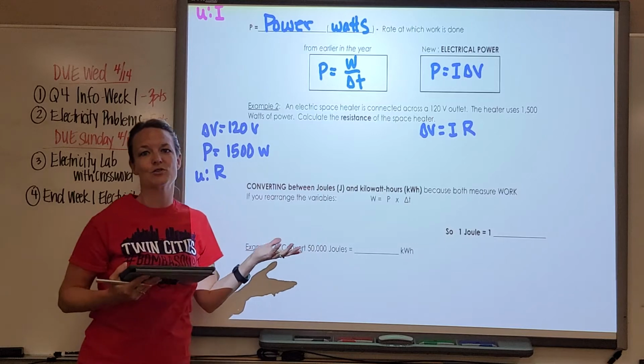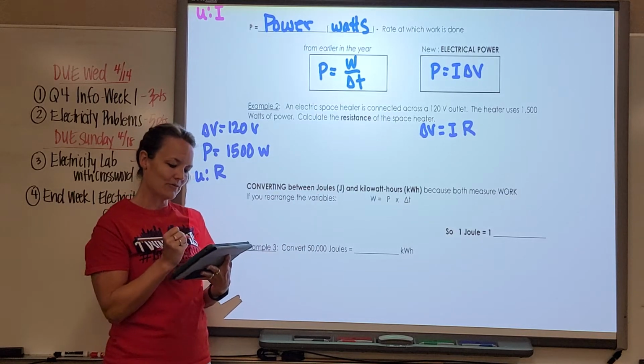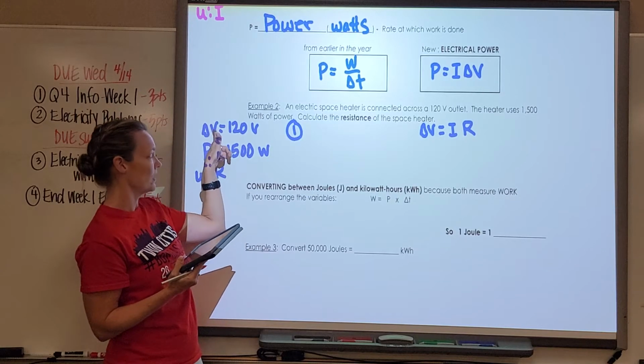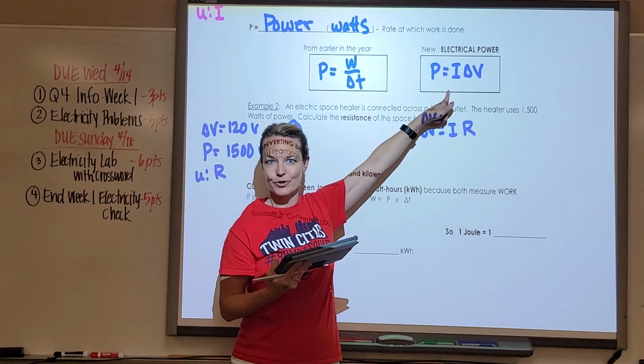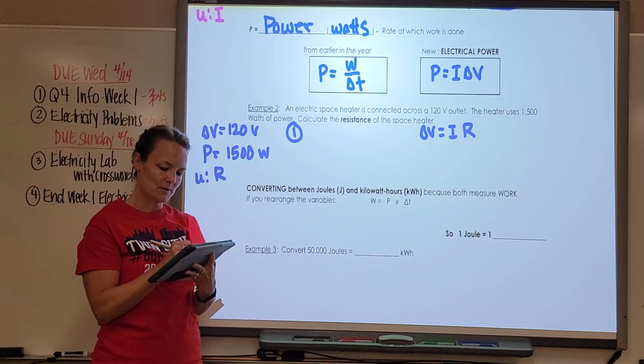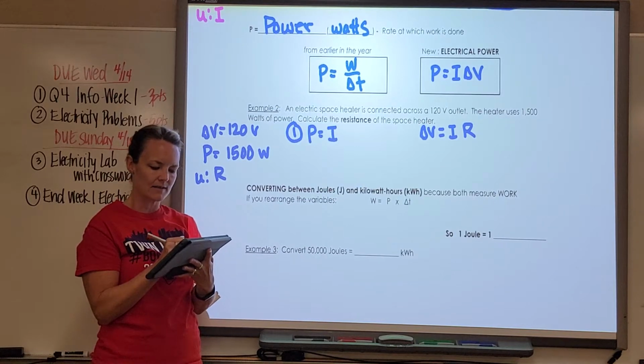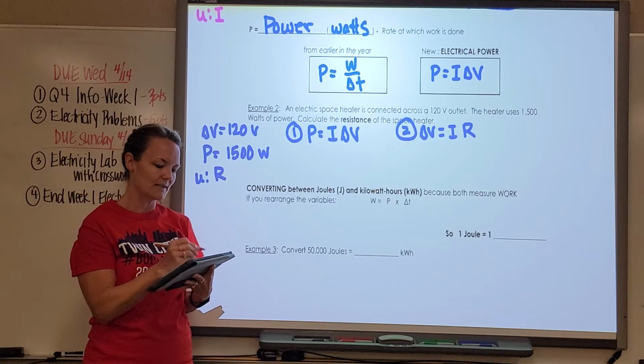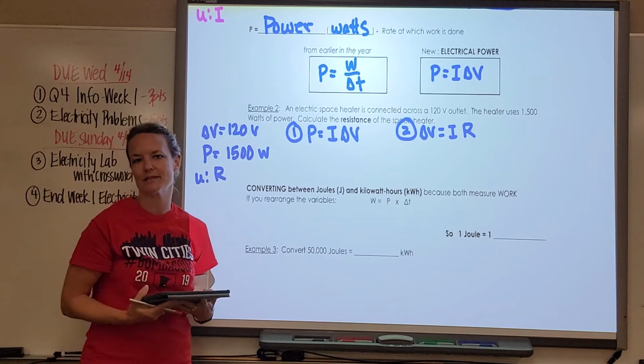So this is going to be a 2-step problem. I am going to have to first use what I have, power and voltage, to solve for current. So I'm going to have to use power equals I delta V. And then once I solve for my current, I'll be ready to solve for my resistance.